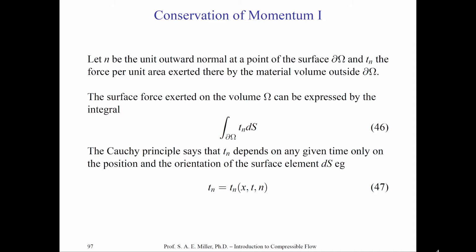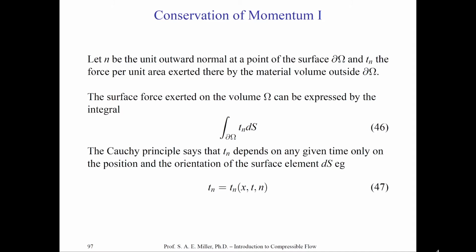Here, Tn is some kind of forcing. Now in 46, we can write a surface force which is exerted on the volume omega, and it can be expressed in a general way. Tn must be some kind of forcing which is integrated over an area, per unit area. So that might be an example like internal stress of the fluid, like pressure.